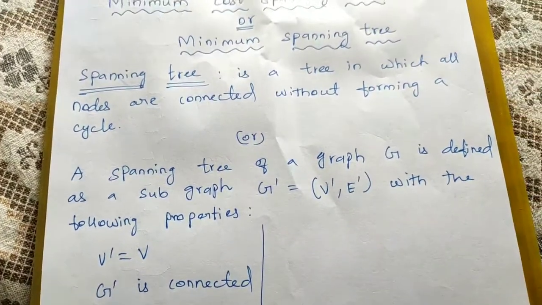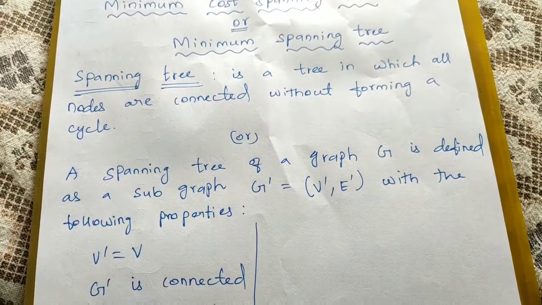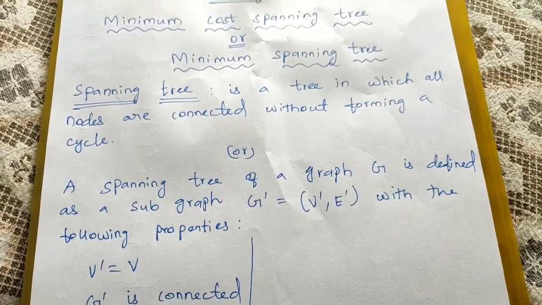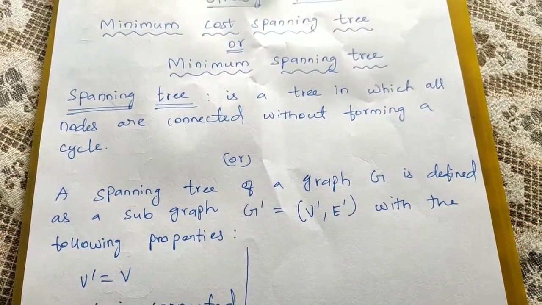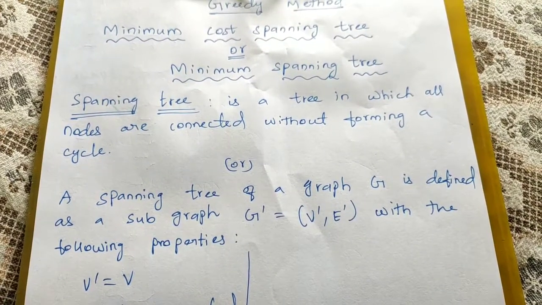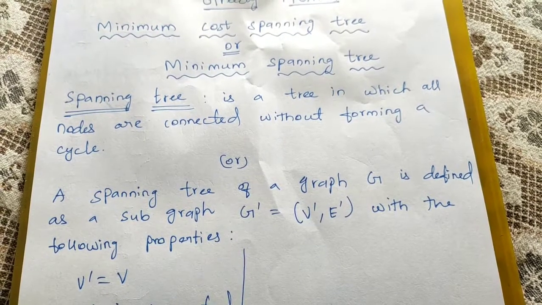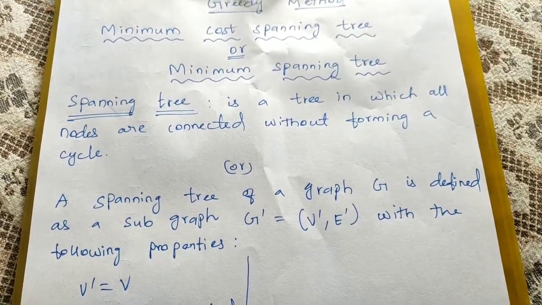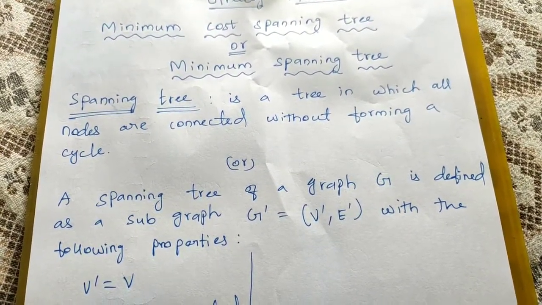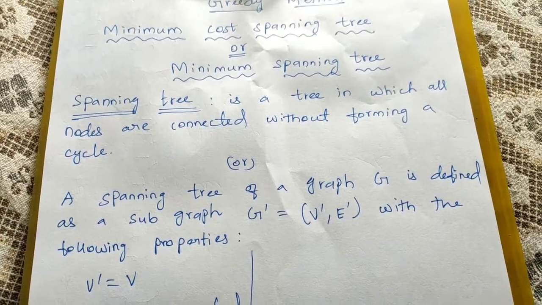That is, you will be given a connected cyclic graph as the input graph. You need to find a tree which connects all the vertices of the graph without forming a cycle. Such a tree is called a spanning tree.